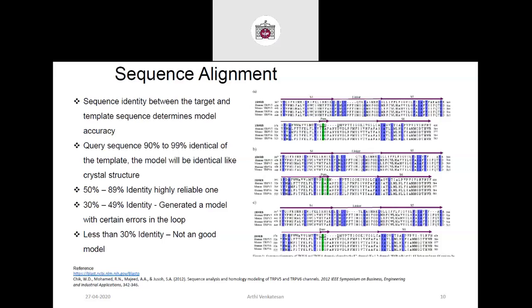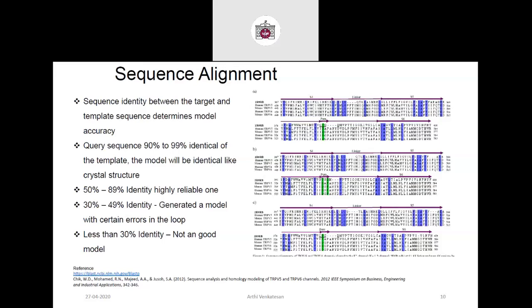And the template is the similar sequence that we search against the query or target sequence. Exactly. Good. Guys, is there any doubt about template or target so that we can rectify it here itself? If you are confused about the terms, you can comment in the comment box and tell us. Okay, I guess no doubt.